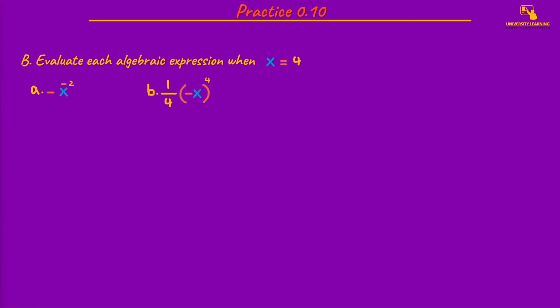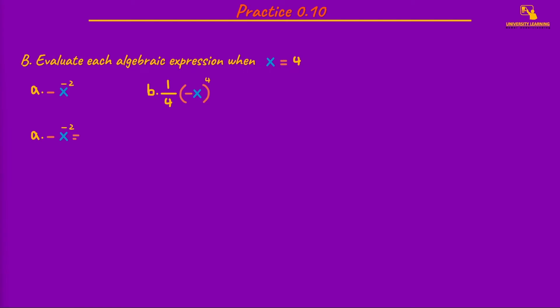Now let's move to point B from practice 0.10. We have evaluate each algebraic expression when x is equal to 4. So you need to substitute the value of x by 4. Let's have point A. Negative x to the power of negative 2. Now we are going to substitute x with 4.